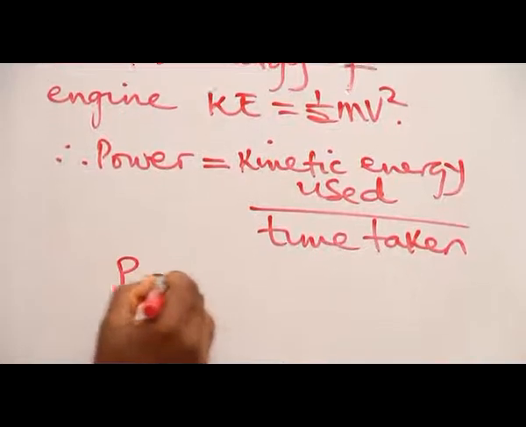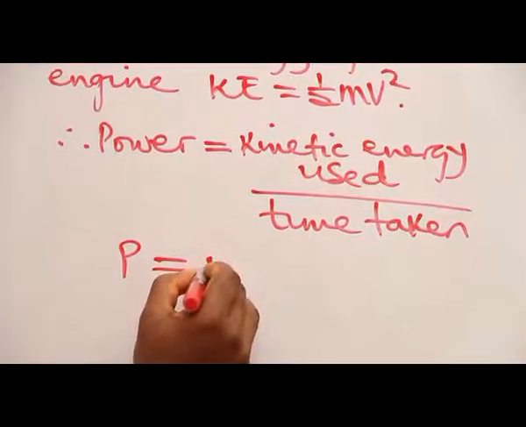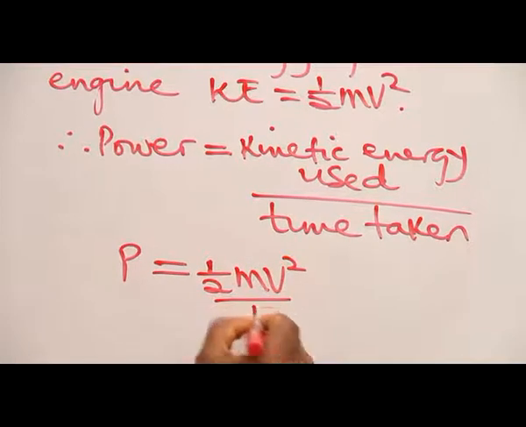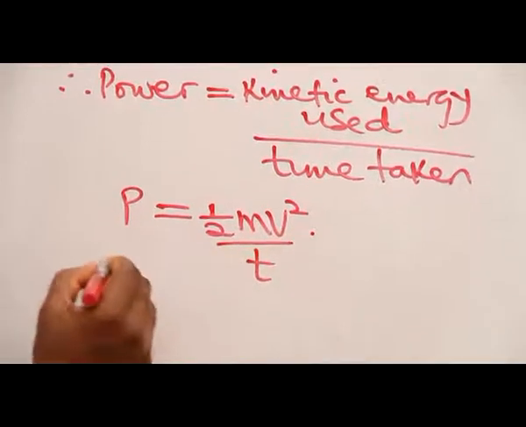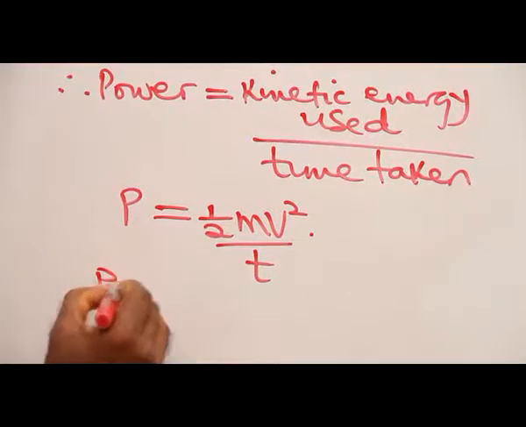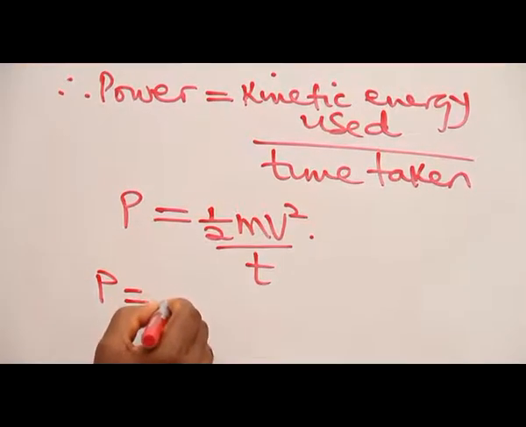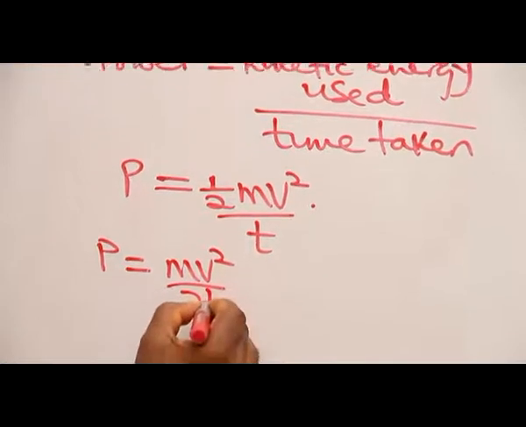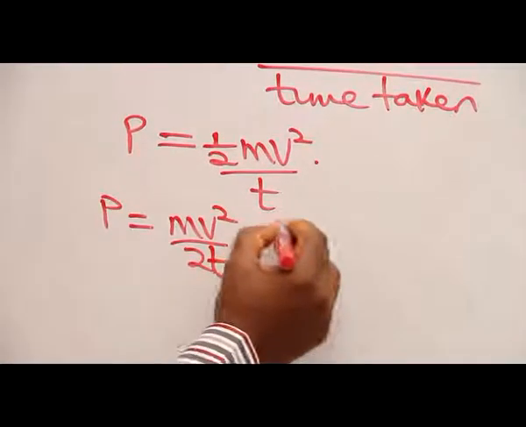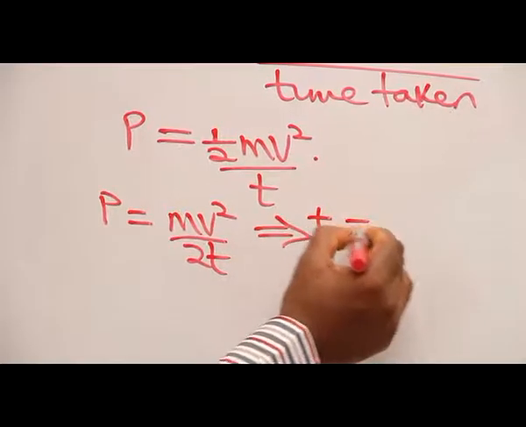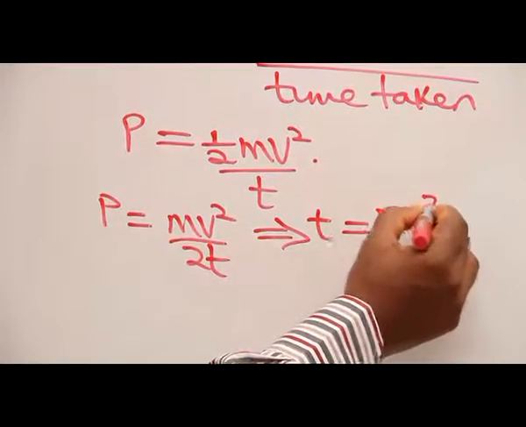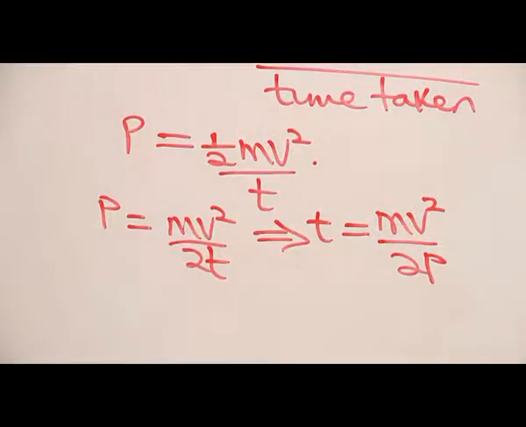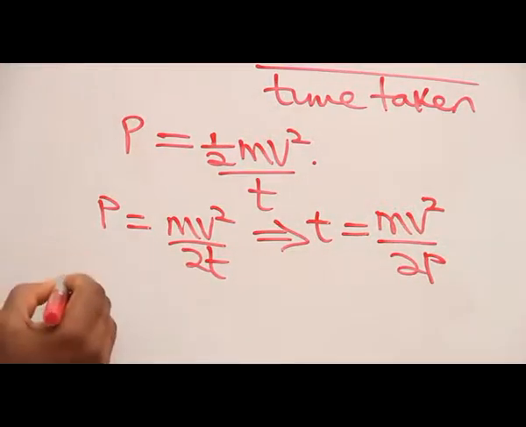Power is P, kinetic energy is half mv squared, time taken T, which could be rewritten as P is equal to mv squared over 2T. This means T is equal to mv squared over 2P. Option B is correct.